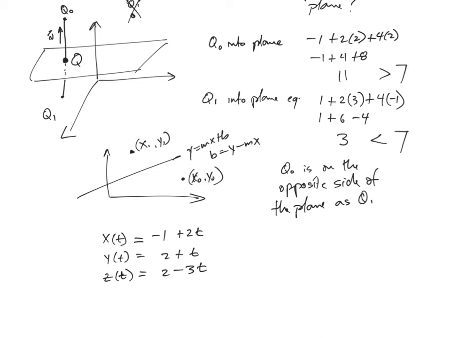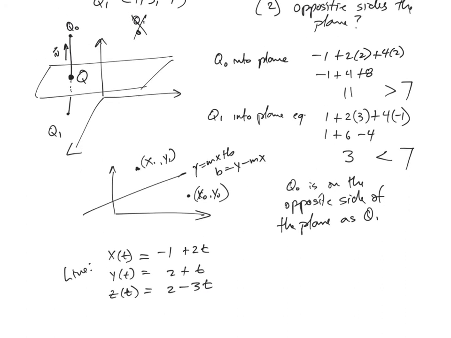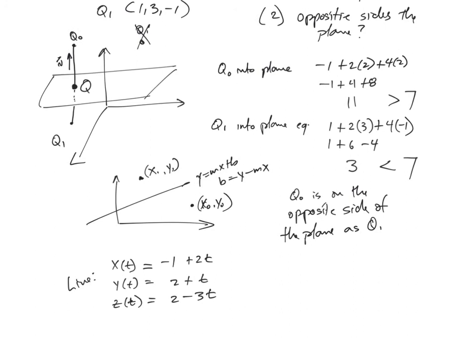Okay, so there's our line. Okay, well, we want to find the point Q where that line intersects the plane. We've got an equation for the plane, we've got an equation for the line. Of the points on this line, there's only one point that is also on the plane. It's this point here, the point of intersection Q.